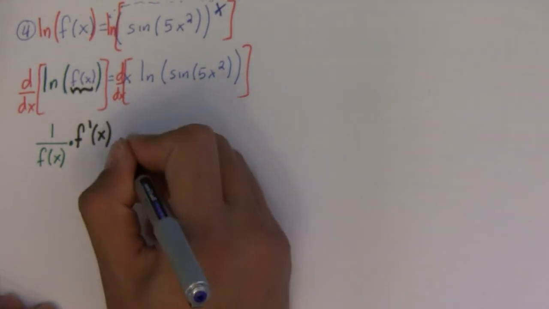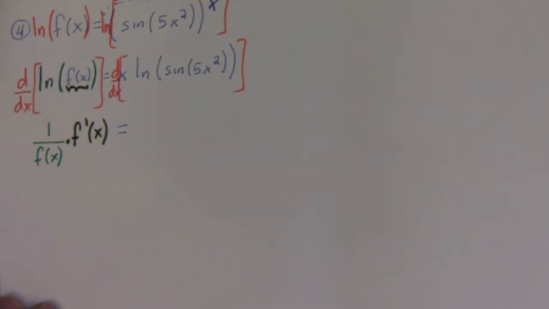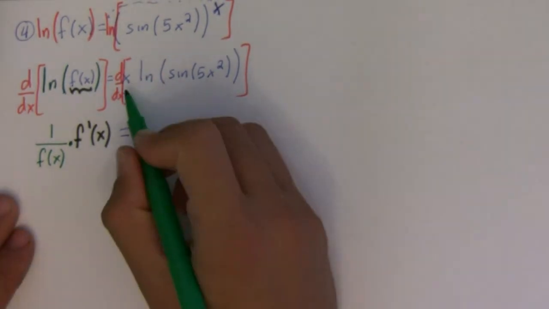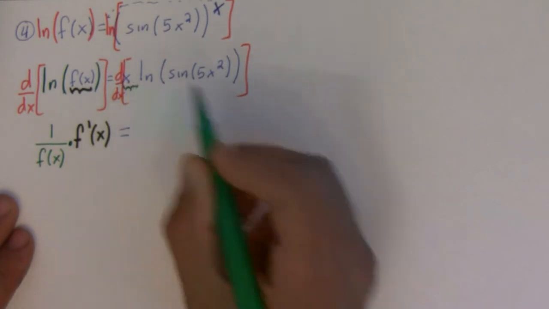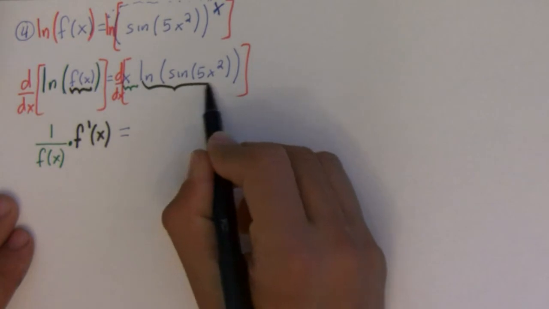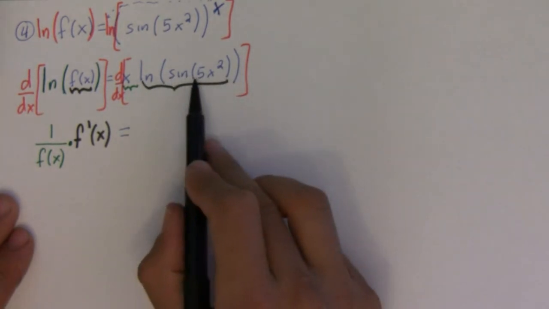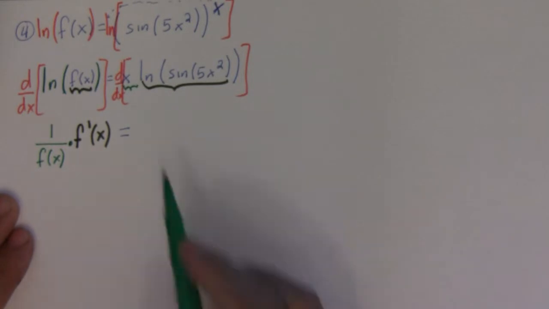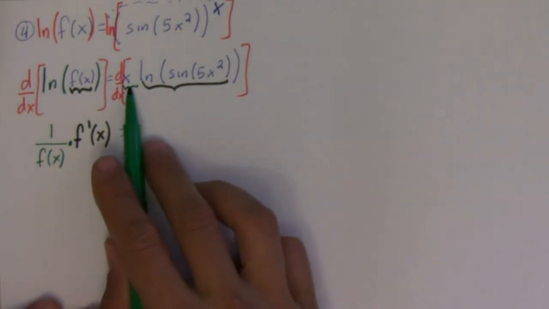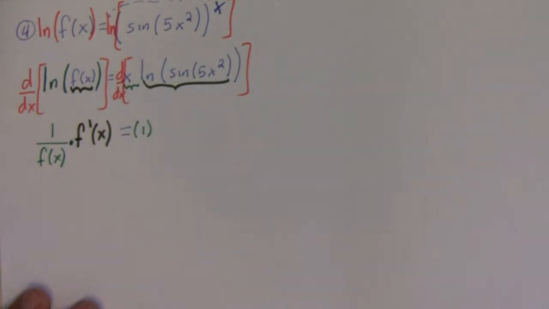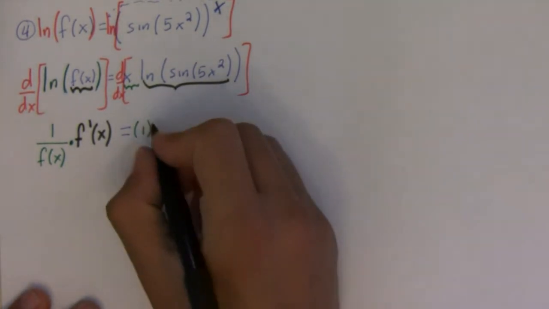Okay, now on the right side, here we have a product, so we have to use the product rule to get the derivative of the right side. And inside of here, we're going to have to use a chain rule and all kinds of weird stuff. So let's work this out. The product rule says we're going to get the derivative of the first, which is just 1, times the second, leaving it alone.